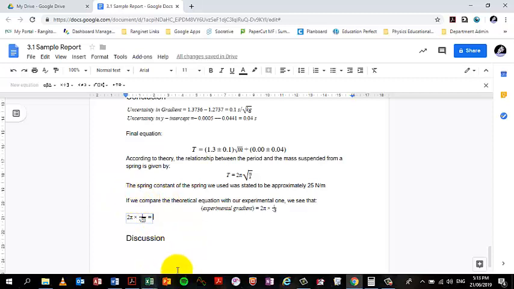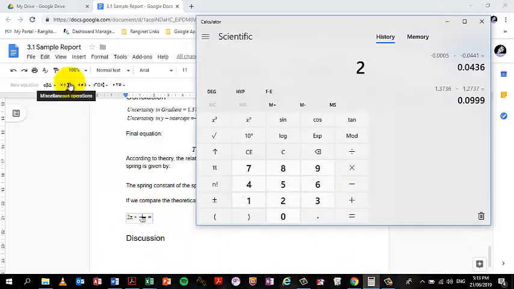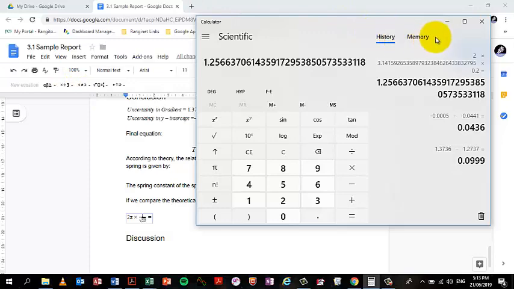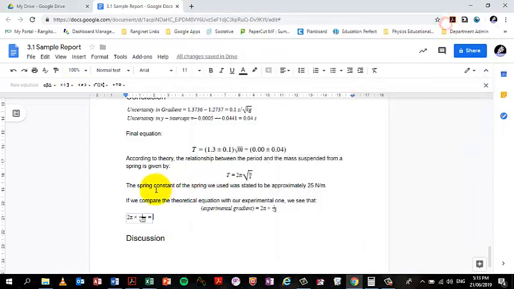We'll just calculate that: 2 times pi times 1 over square root of 25, which is 1 over 5, which is 0.2, is 1.26 seconds per square root kilogram.